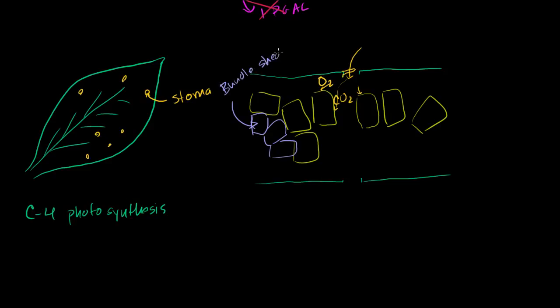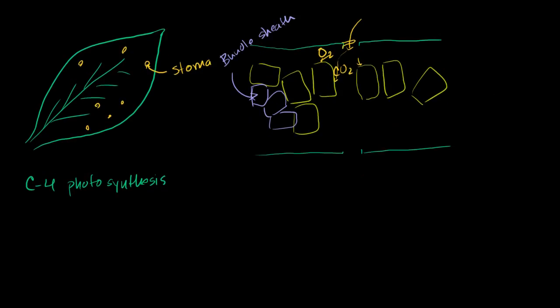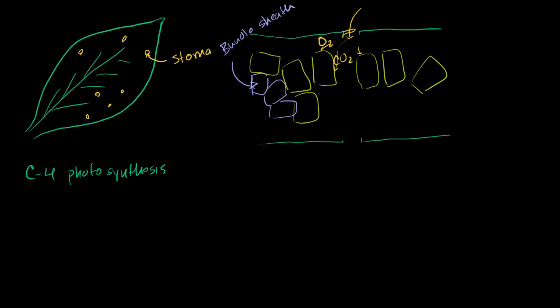Bundle sheath. And what these plants do is the carbon dioxide comes in. So in the standard Calvin cycle, everything happens in the mesophyll cells, and you have to deal with photorespiration. In your C4 plants, what happens is that the carbon dioxide comes in. So this is in the mesophyll cell.